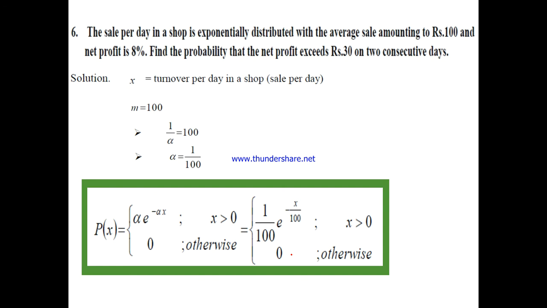Now in this problem we are trying to find the probability for turnover. Finding the probability for a net profit would be the same as finding the probability for a turnover. Clear?